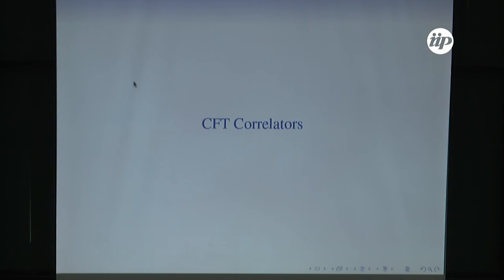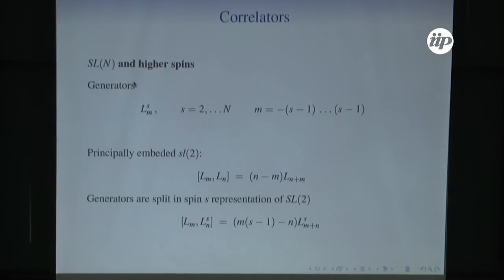So you can elaborate, you can come up with some explicit formula to do the computations. So let me just comment on how you do this in the SLN case. Just a reminder, in SLN you can split the generators of the group in representations of the principally embedded SL2.